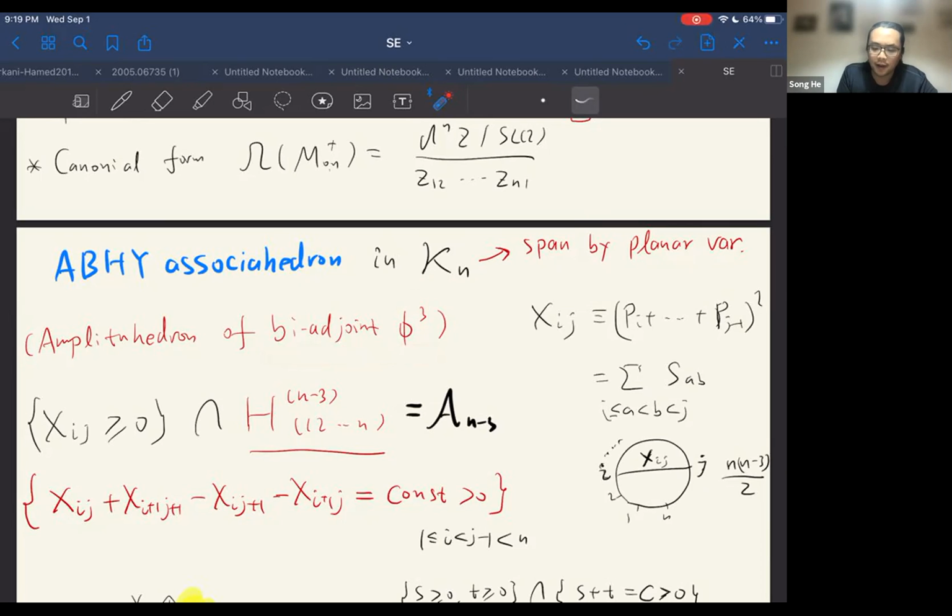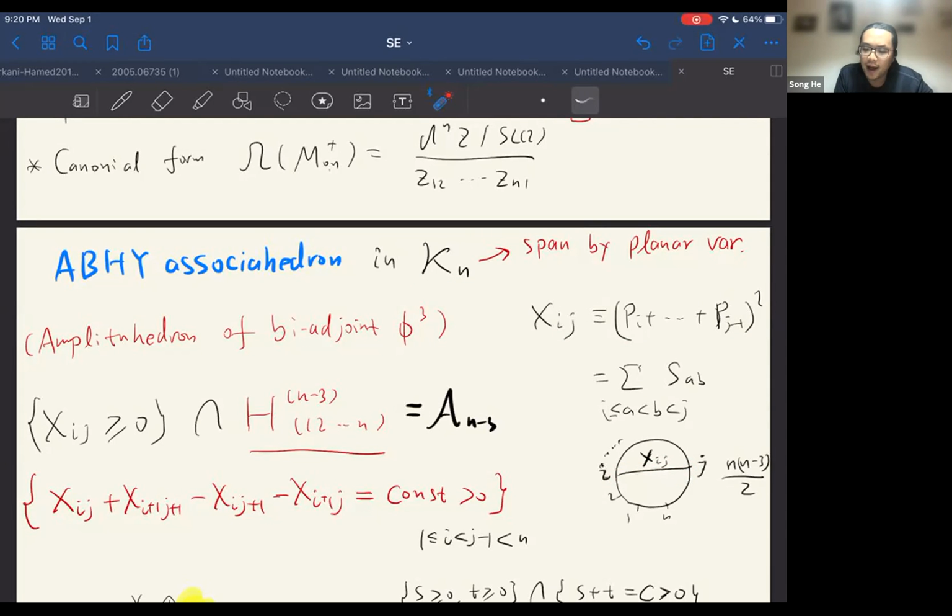So let me just remind you what this polytope is. It's really a very, very simple realization, but it's a realization that mathematicians have not studied before, that I can directly realize in the kinematic space. Now I want to span my kinematic space not using s_AB but using these X_ij planar variables, which are in one-to-one correspondence with the diagonals of an n-gon.